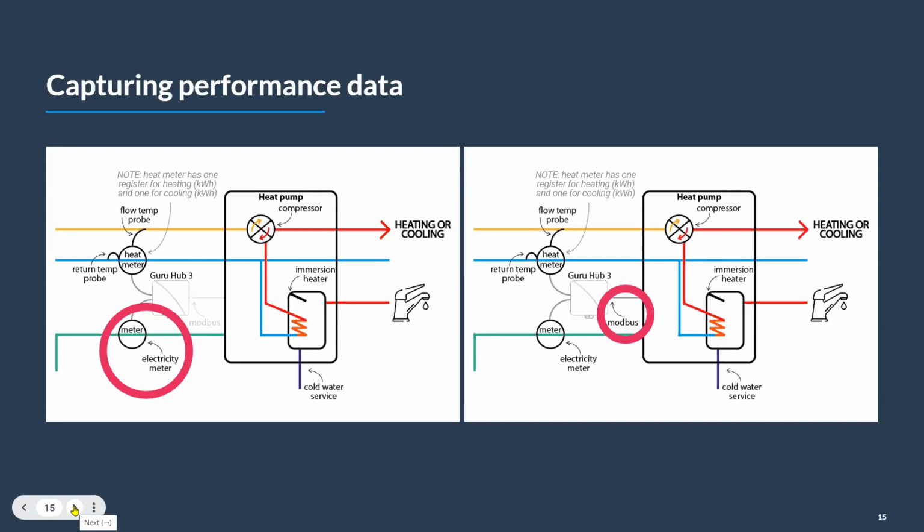It also means you can carry out interventions on systems remotely, such as changing set points. And this connection may even allow you to remove the electricity meter from the previous level, because a lot of heat pumps already have electricity meters built into them and carry out their own COP calculations, and that can all be extracted from this Modbus connection too.